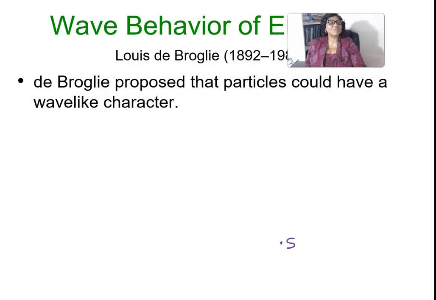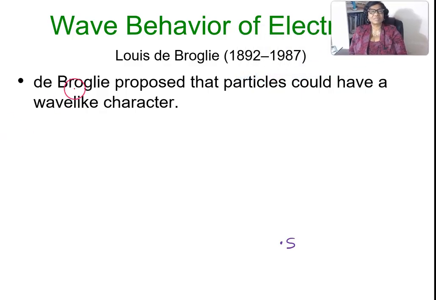Wave behavior of electrons. De Broglie proposed that particles could have a wave-like character. And why was this needed? Why did de Broglie come up with this explanation?